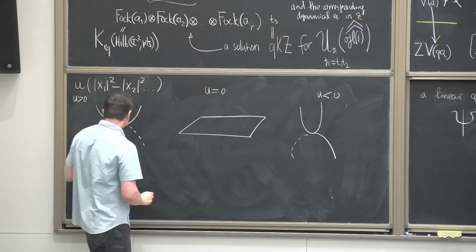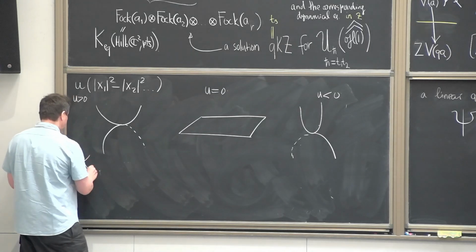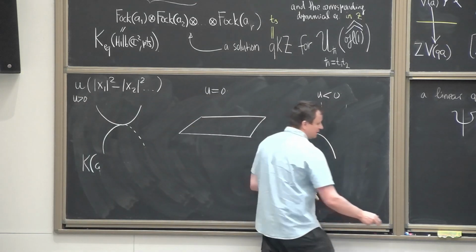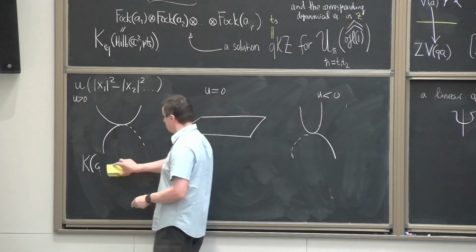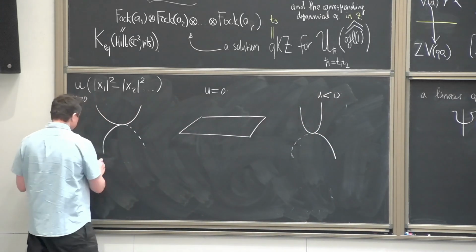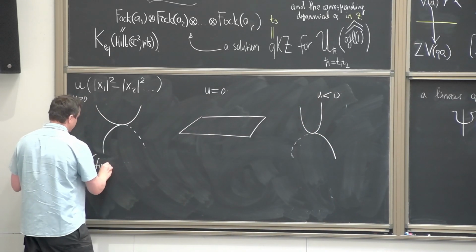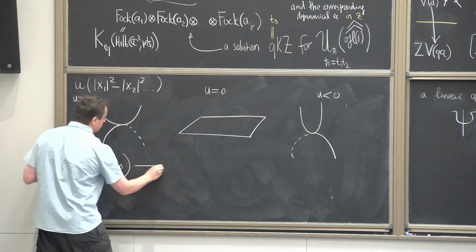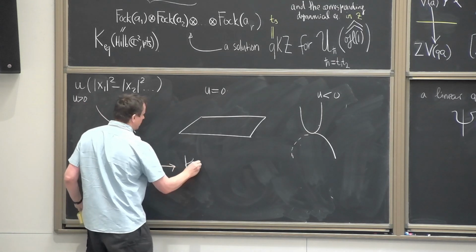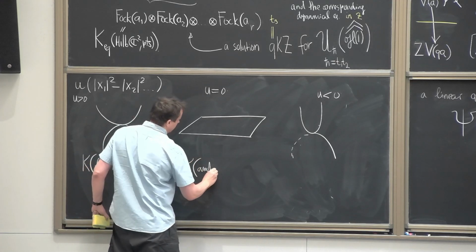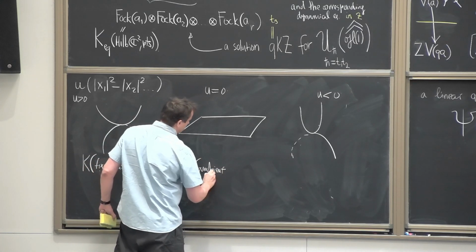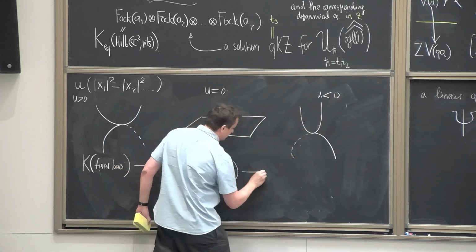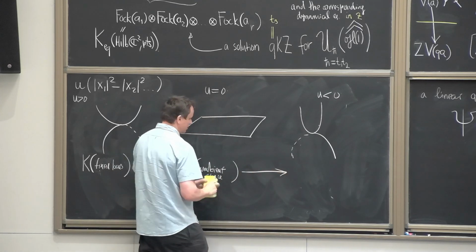So we want the K theory of the fixed locus to the K theory of the ambient space, and then this kind of transpose.